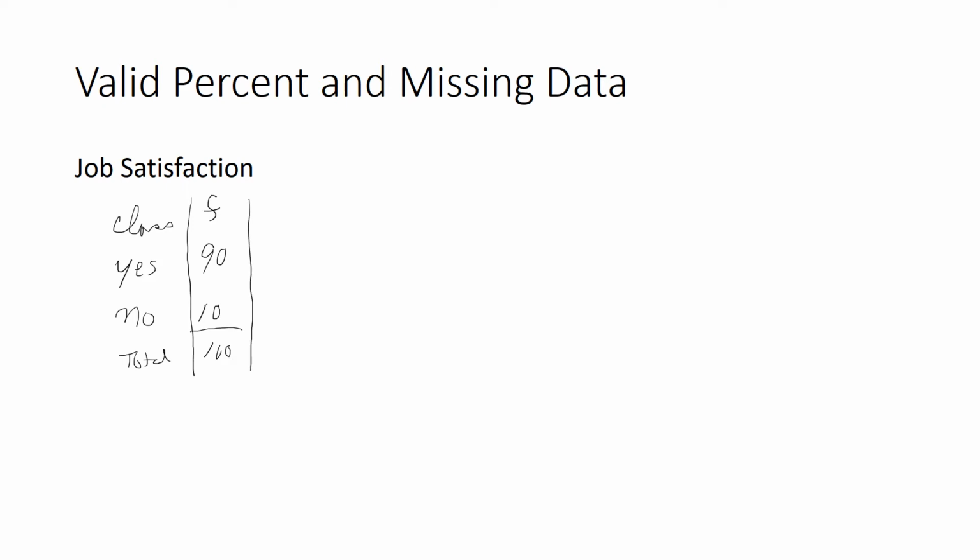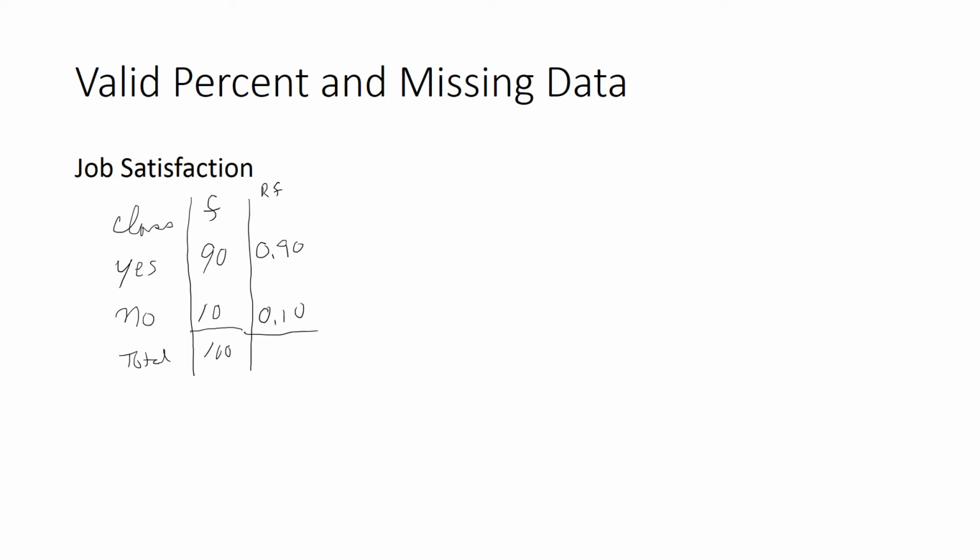So let's take a look at our relative frequency. In calculating the relative frequency, like we did in the previous video, we take 90 divided by 100, which would give us 0.90, and 10 divided by 100, which would give us 0.10.